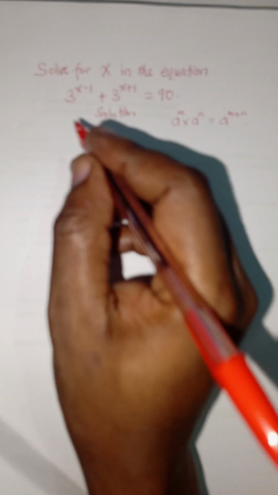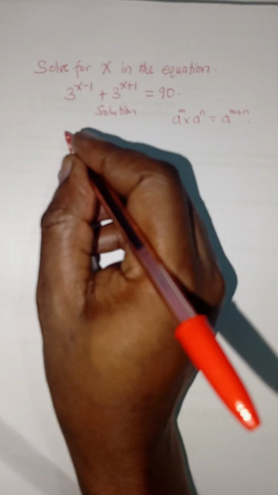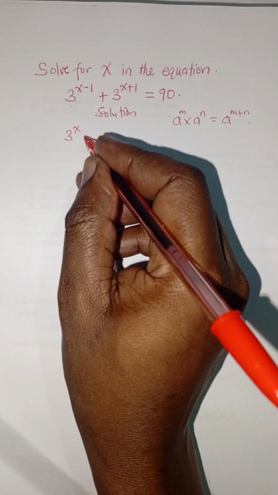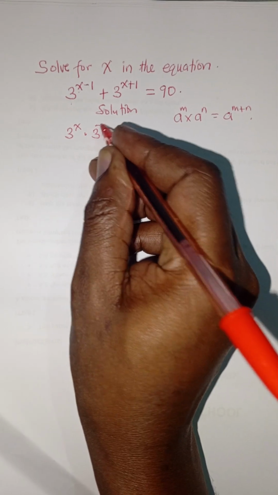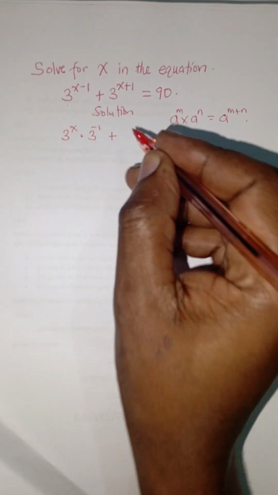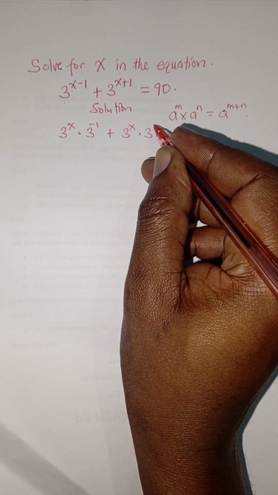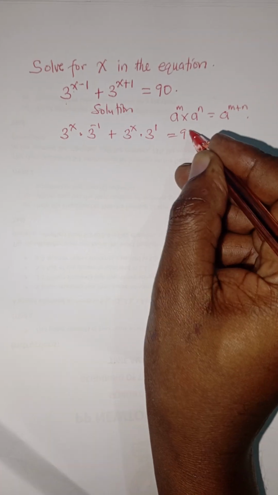Now from here, this expression can also be written as 3 to power x times 3 to power negative 1, plus 3 to power x times 3 to power 1, is equal to 90.